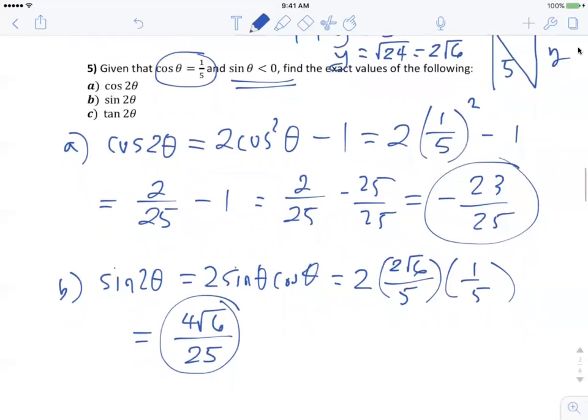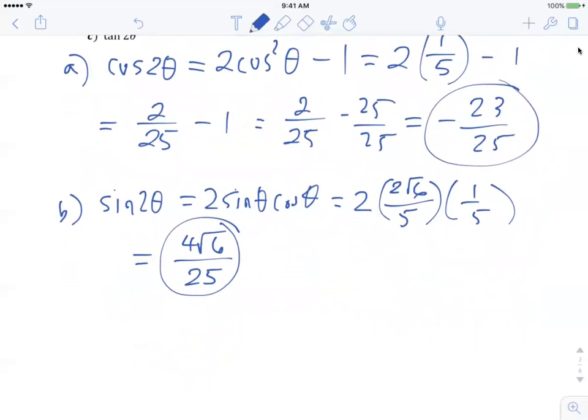All right. Part C, tangent 2 theta. Anytime you get to tangent 2 theta, you're going to have 2 options like the last section. You could use sine 2 theta over cosine 2 theta if you have them, which is usually the easiest, or you can use the identity, the one above.